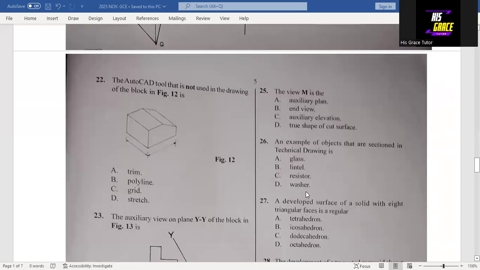Then going to question 22, which says that the AutoCAD tool that is not used in the drawing of the block in figure 12 is grid. That is option C is the answer to question 22.